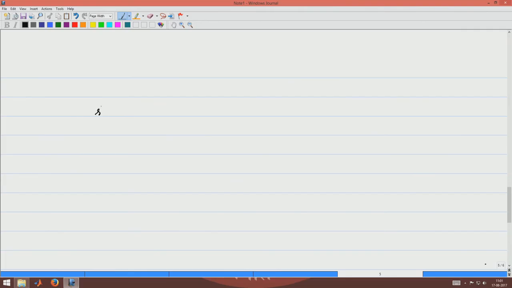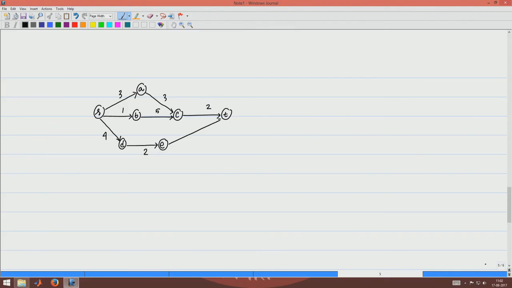So, this is say S, A, B, C, T, D, E. So, this is the network I have, and the capacity along this is 3, the capacity here is 2, here it is 5, S to B it is 1, S to D it is 4, D to E it is 2, E to T it is 3.